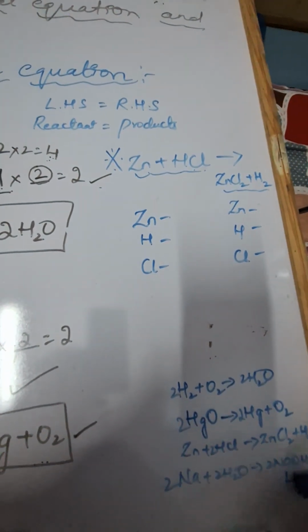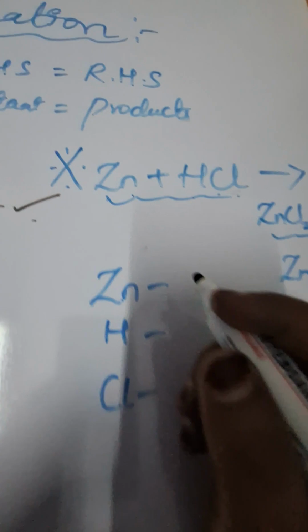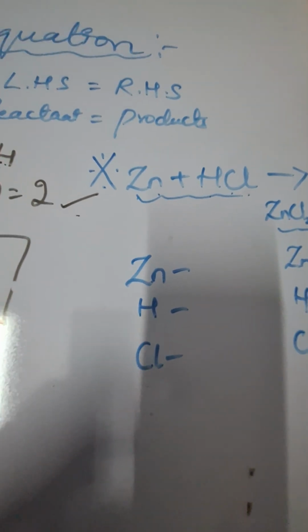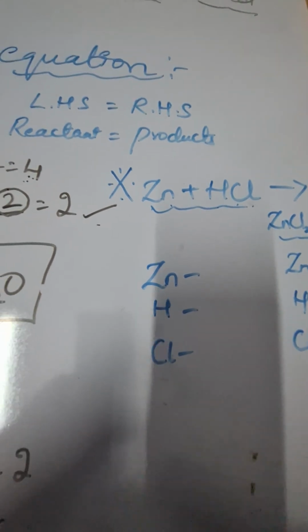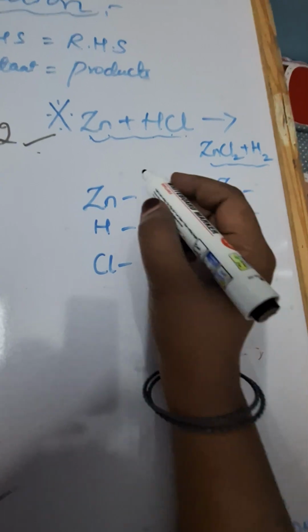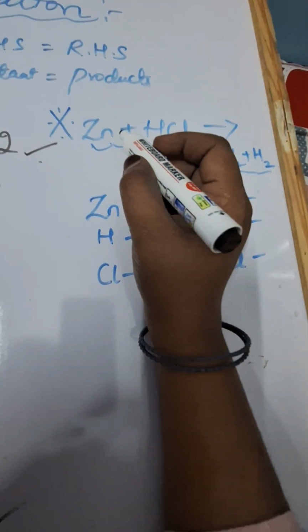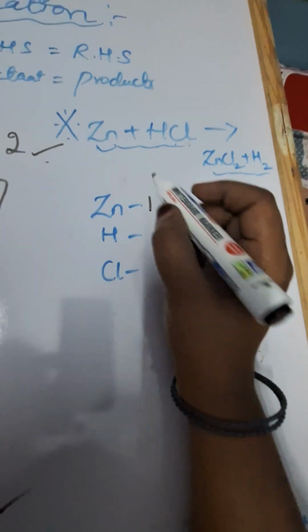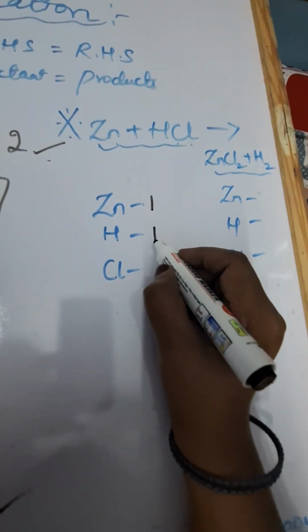Now moving on to the third step, counting the number of molecules. Zn, how many are there? 1. Hydrogen, 1.